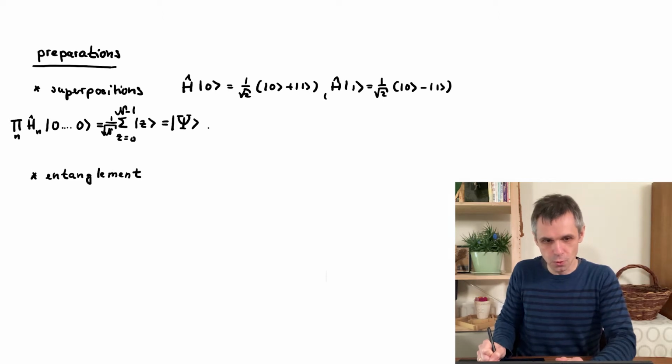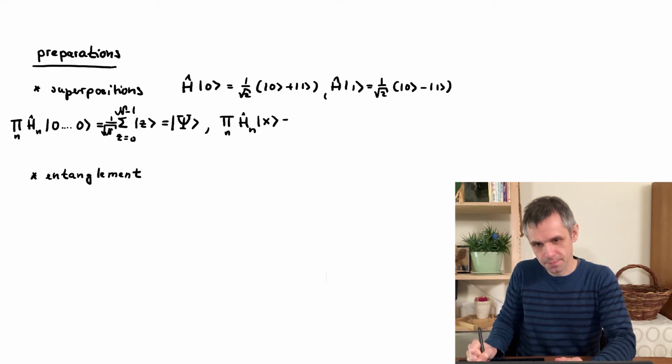And what I want to do now is to also remind us of what happens when we apply all these Hadamard gates to another computational basis state that I call x. And this is a state which can be written in terms of binary digits, such as this.